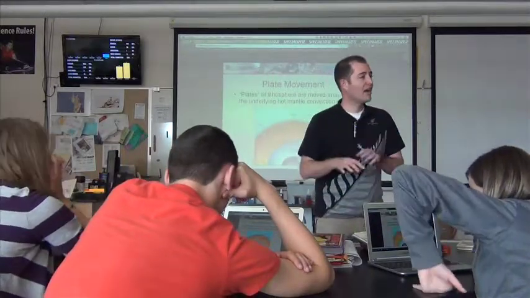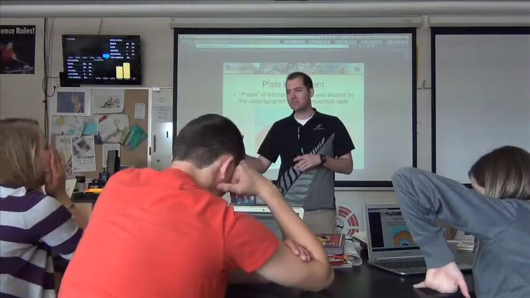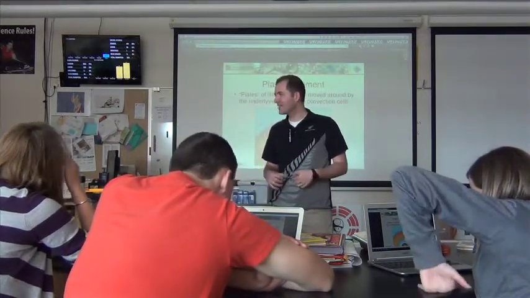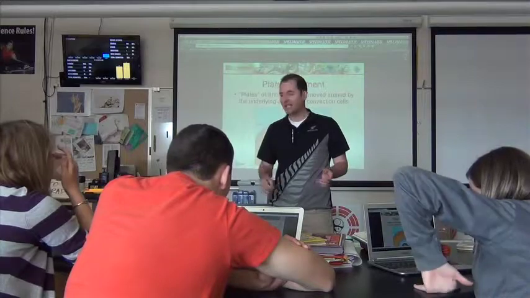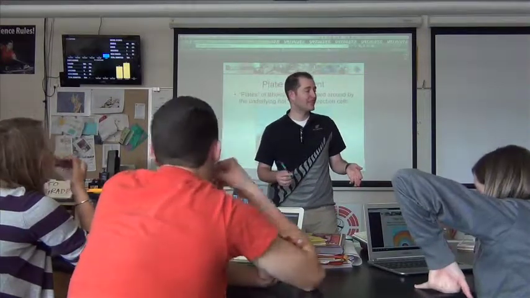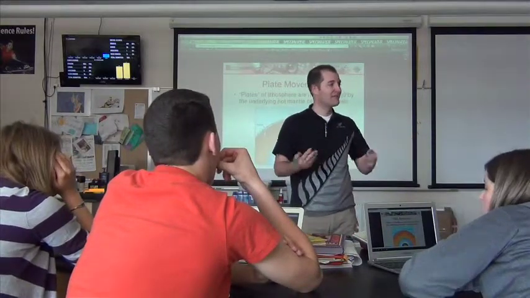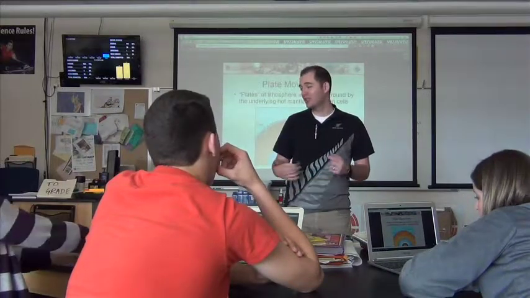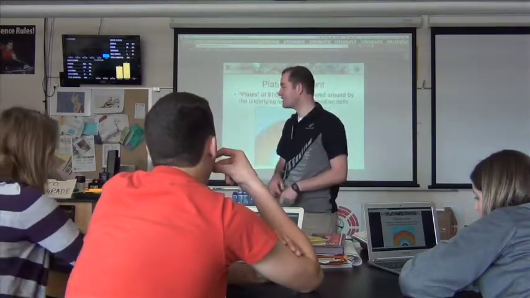Okay? So we talked about how there are all of these plates. So the guy who first came up with the continental drift, his last name was Wegener. Okay? One of his problems was that he didn't have an explanation for what made the plates move. He just said the plates are moving. He had no idea why they were moving. He just said they were.